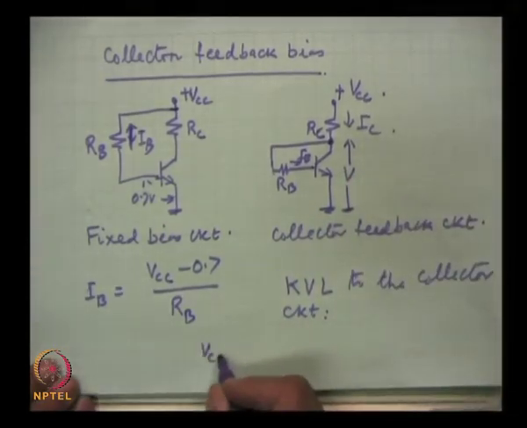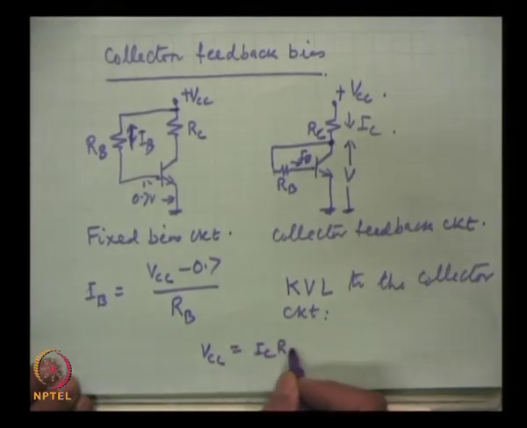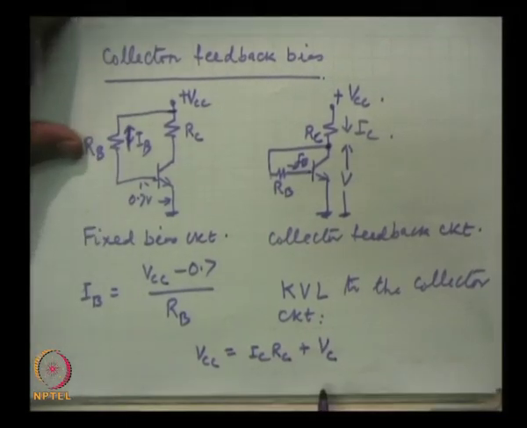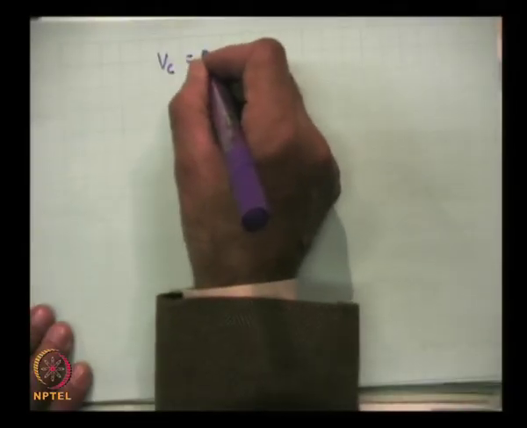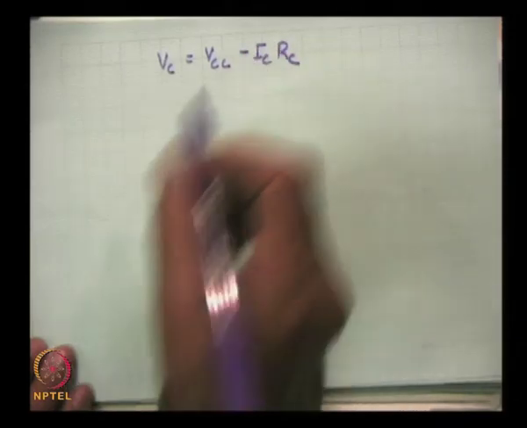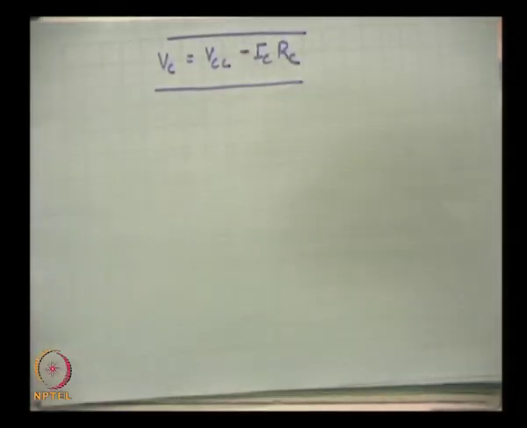So, VCC, summation of voltages, is equal to IC RC plus VC, or we can write that VC is equal to VCC minus IC RC. Now, this is the equation which can explain how stability will be achieved by the collector feedback.